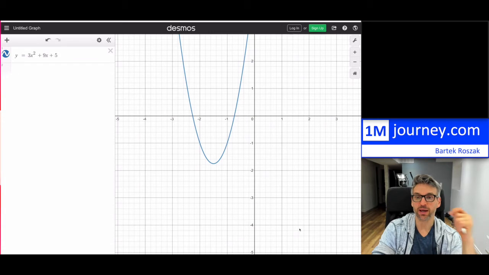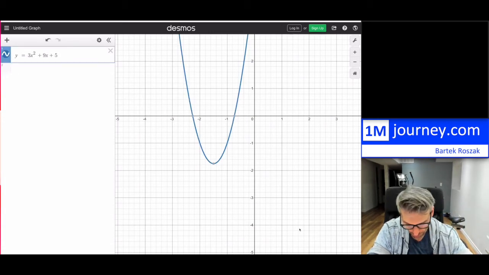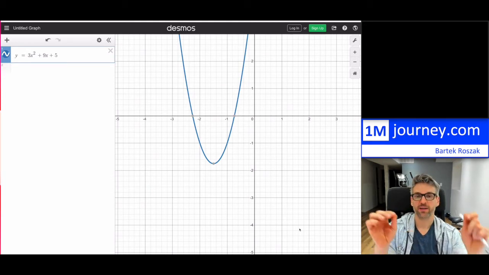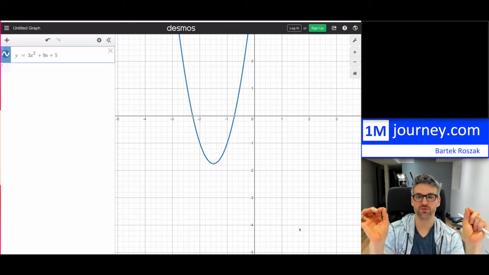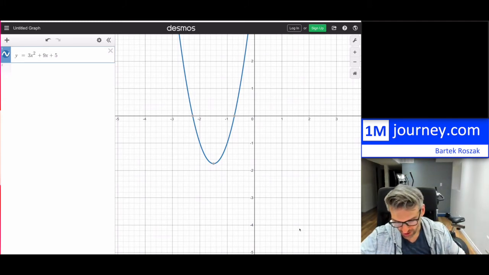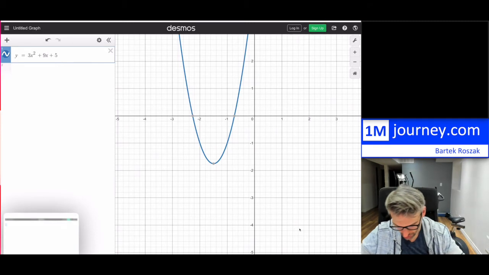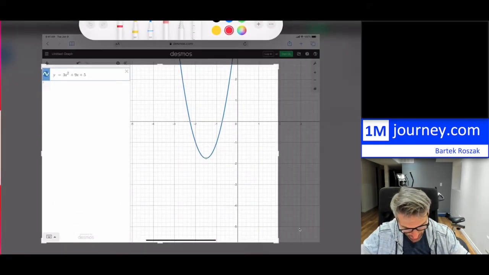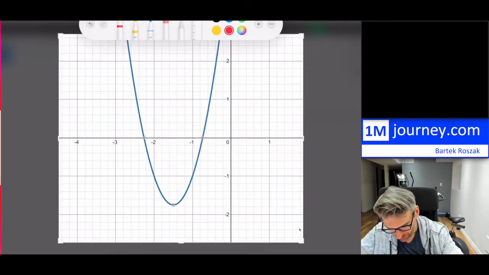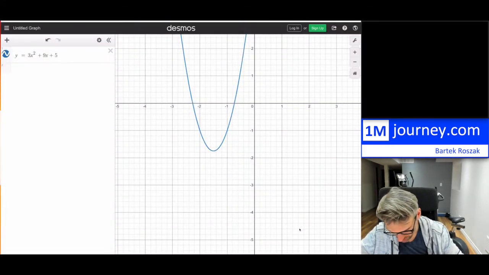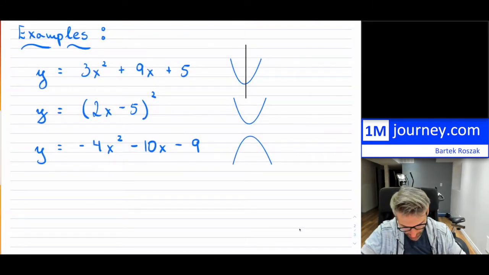But what we want to do is find points for a particular y. So let's say maybe y is equal to 1, and then we can find the 2 x values. I'm going to take an image here, and then I'm going to show you as I'm calculating it out. So let me do that, and I'm going to insert it into our work here.